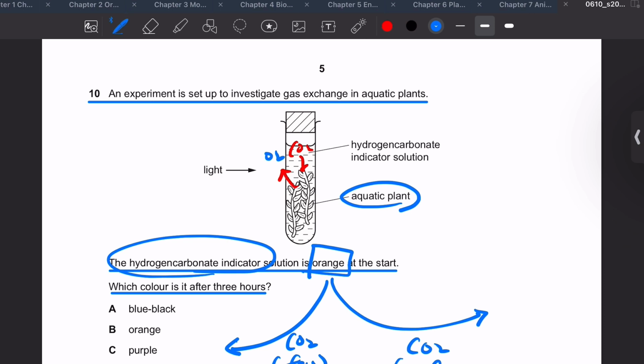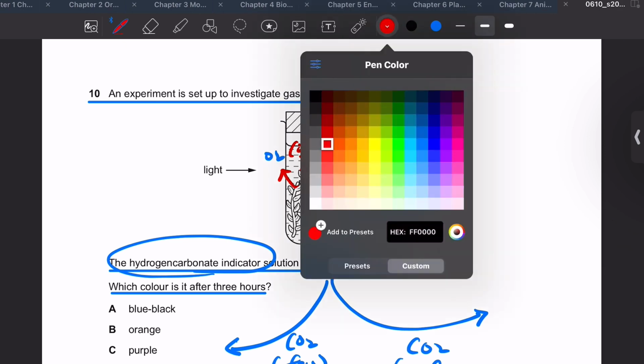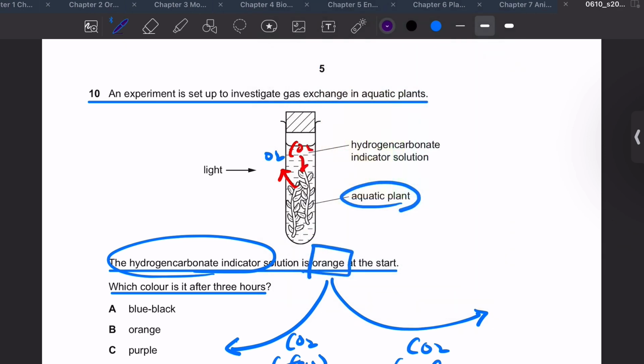There's a very nice picture or diagram which I can't find at the moment, but I'll probably just draw it for you. So if there's less CO2, the color will change into purple, or closer to purple.